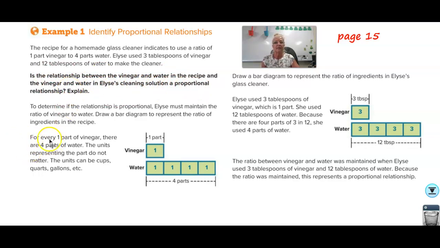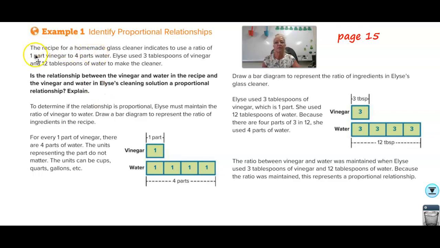Well, it goes on to say that for every 1 part vinegar, there are 4 parts water. So basically what you got to have is the water always has to be 4 times the vinegar. If she uses 3 tablespoons, is 12 tablespoons 4 times the vinegar? Yes, it is.